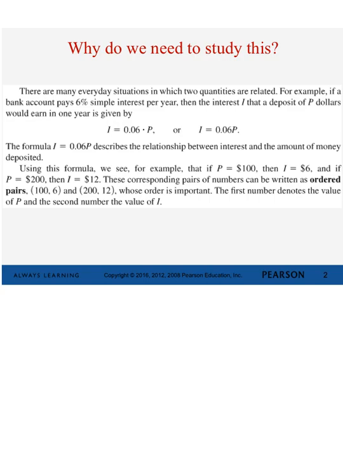That equation, I equals 0.06 times P, describes the relationship between interest and the amount of money that is initially invested.